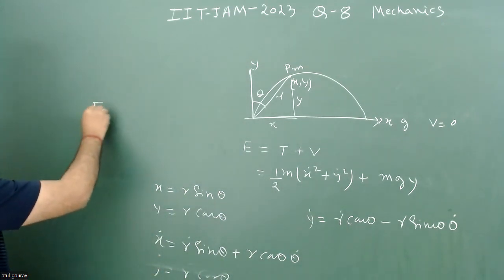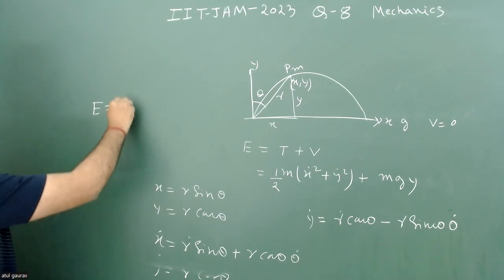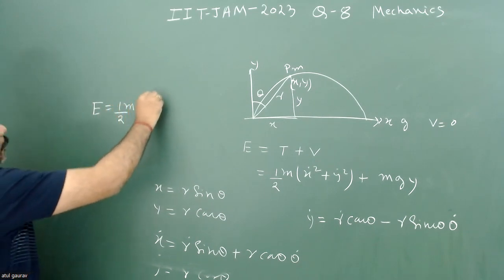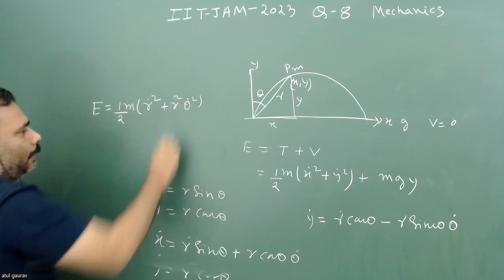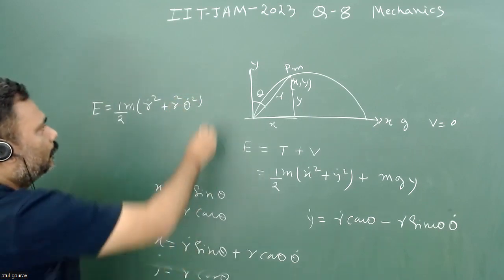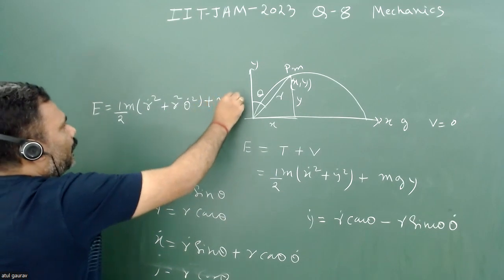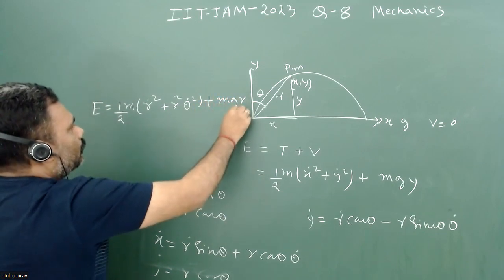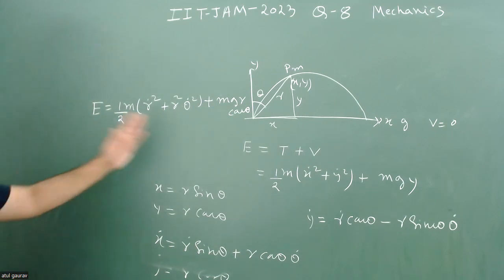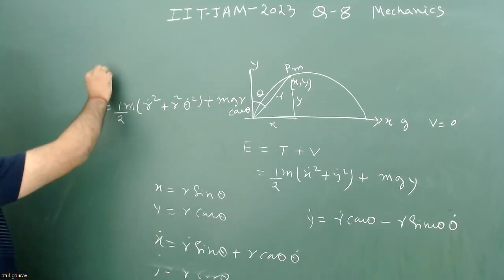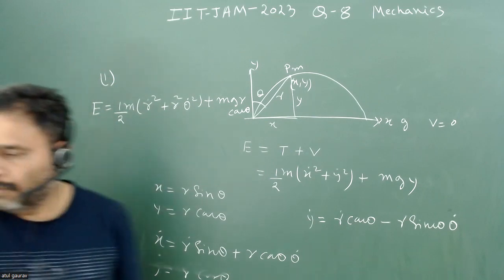The total energy of the system is equal to half m times r dot square plus r square theta dot square, and y is nothing but r cos theta, so that will be plus mg r cos theta. So this will be my energy, and I think option 1 is correct in this form.